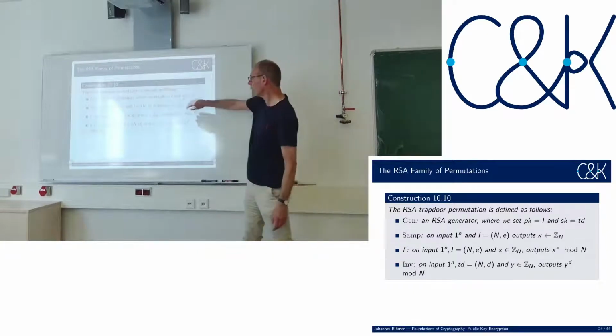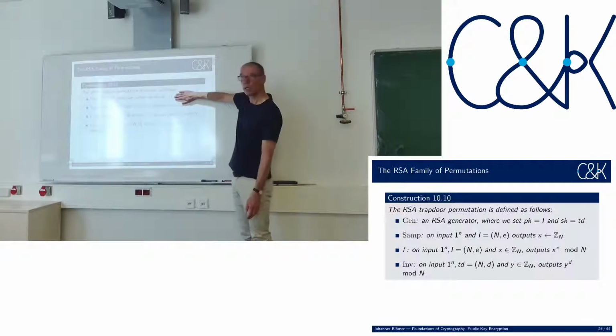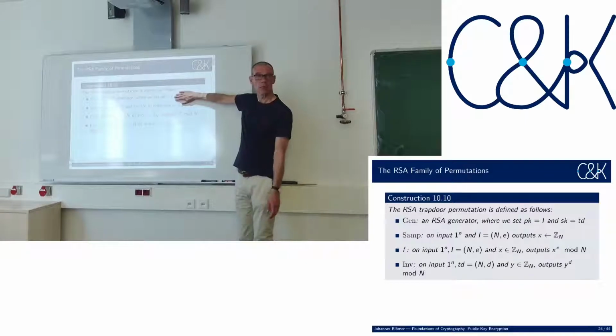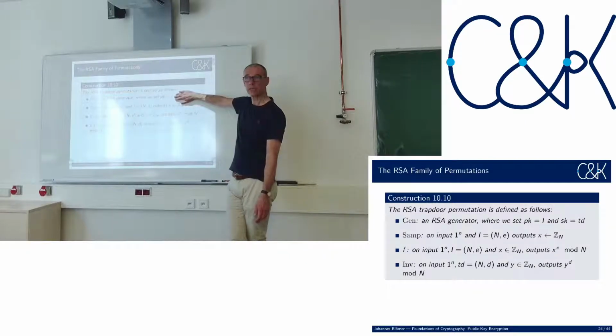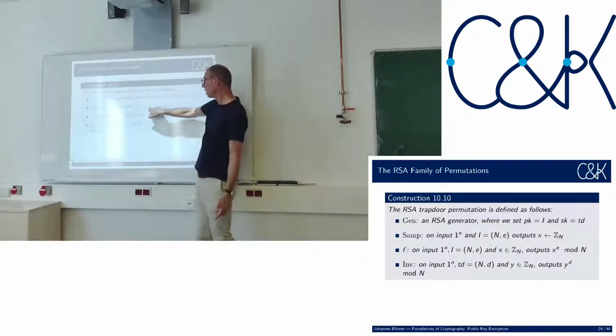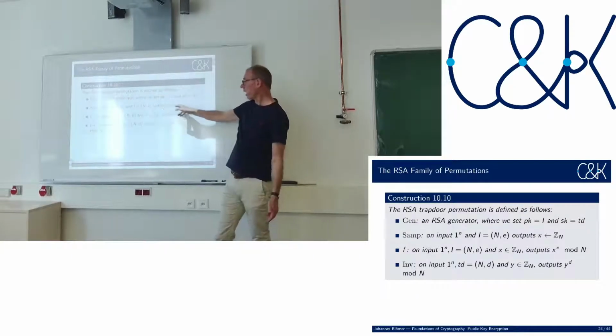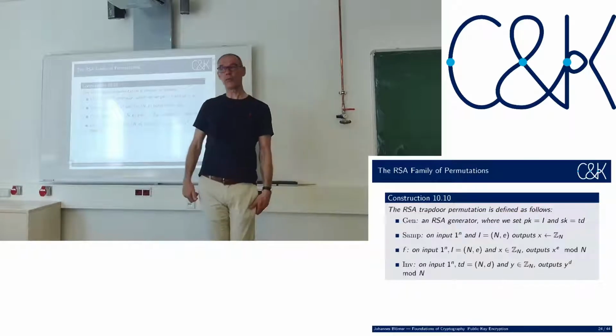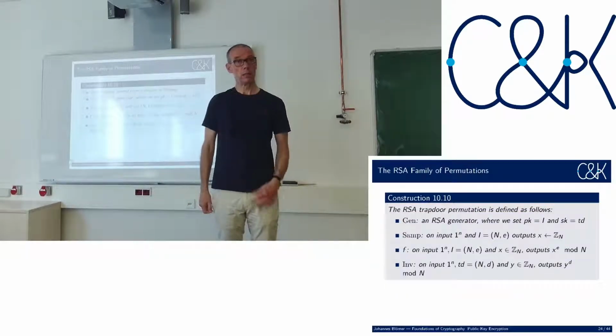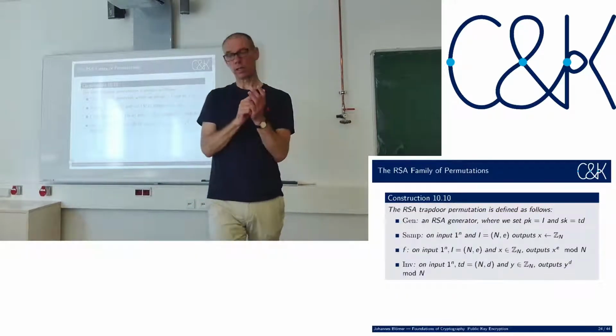In this case, the description parameters I for RSA consist of the public key of RSA, which is N and E. We don't even need the P and Q for the parameters. The sampling algorithm outputs an element from Z_N, which is the domain of the function.